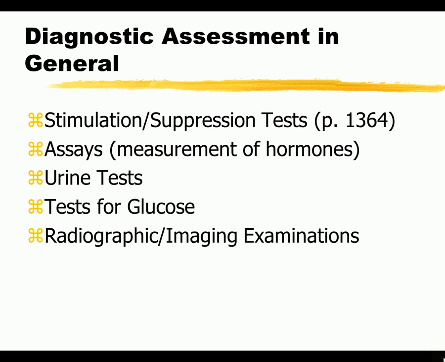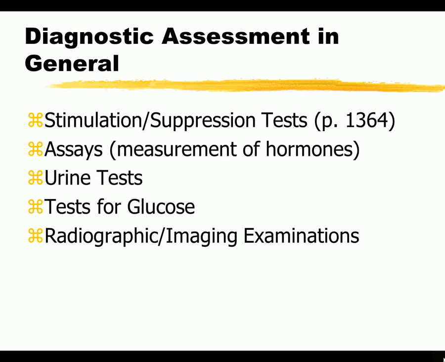If hormone excess is suspected, a suppression test may be appropriate. In suppression testing, a substance known to inhibit a hormone is administered. For example, a glucose suppression test may be performed to aid in the diagnosis of growth hormone excess, such as acromegaly or gigantism. During this test, a baseline measurement of growth hormone is obtained.